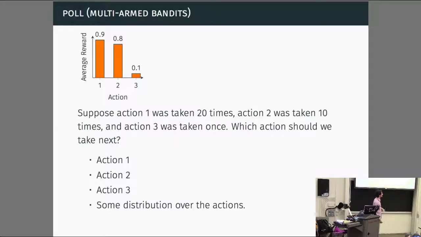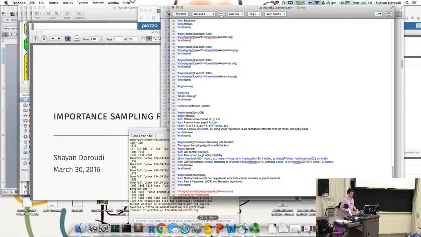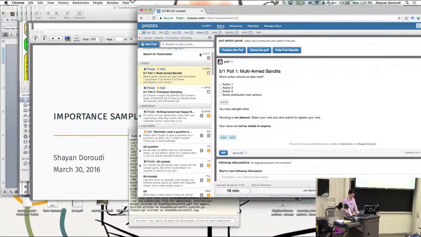And then below I say, suppose we took the first action 20 times, the second action 10 times, and the third action only once, right? And the order in which we took these presumably doesn't matter, so I'm not going to go over what order we took these. But we know that we took the first one 20 times, the second one 10 times, and the third one once. Now the question is, which action should we take next?